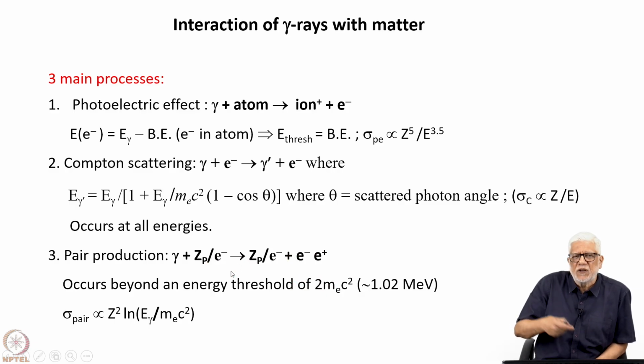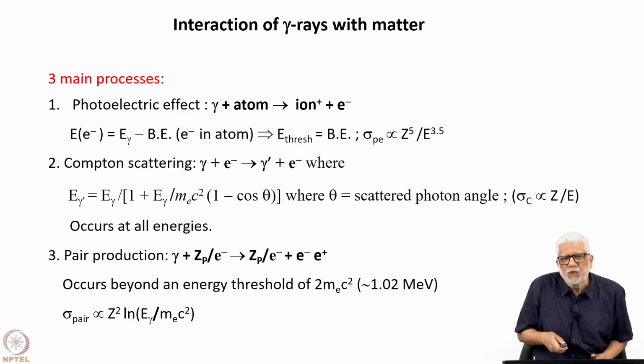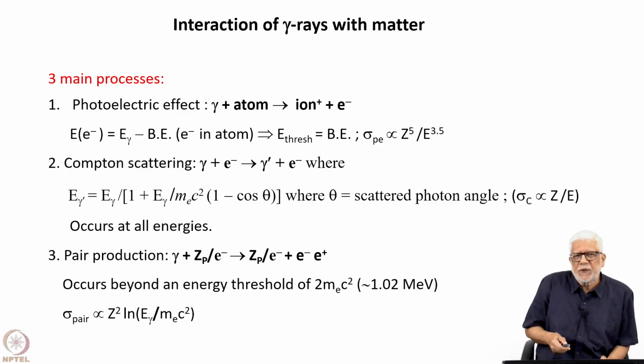So, a freely traveling gamma ray cannot just suddenly disintegrate into a real e+ and e-. It can do that virtually, but not in real terms. And that is because you would violate energy-momentum conservation. The probability for this process occurring is proportional to Z squared, where Z refers to the target Z, and goes only logarithmically as E gamma by m_e c squared. Okay.